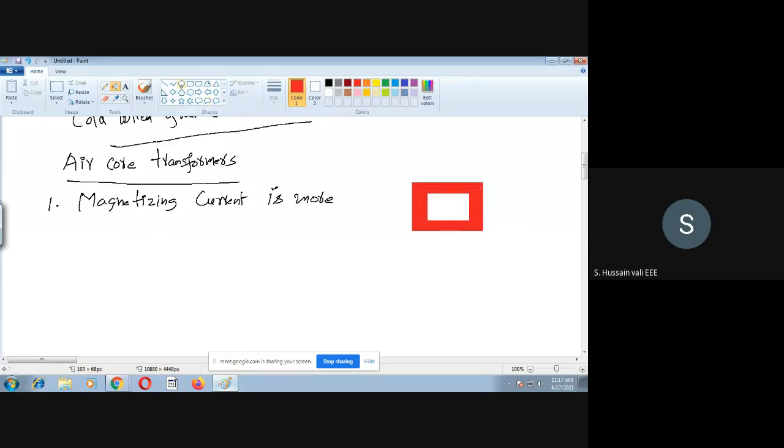Now you see here, this is the primary winding, this is the secondary winding. So you have the supply here, whereas here you have the load. This is the transformer. So this red color one is the magnetic core.